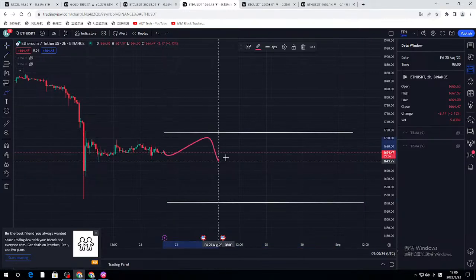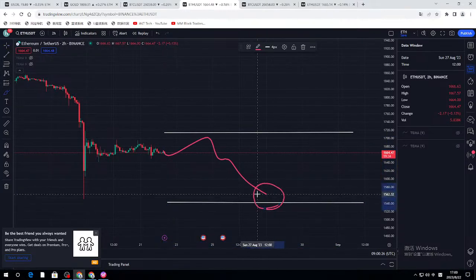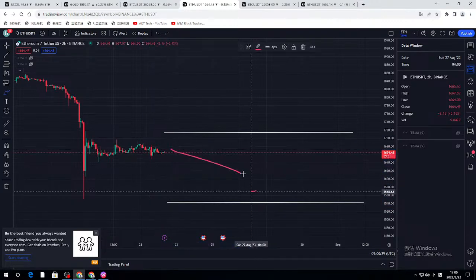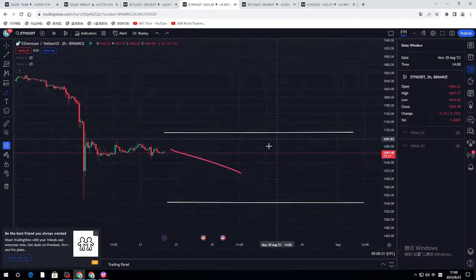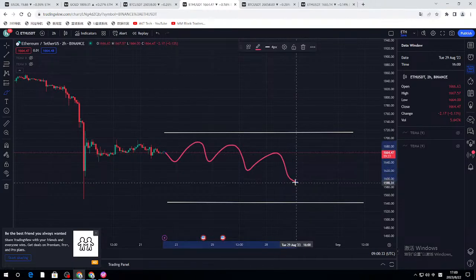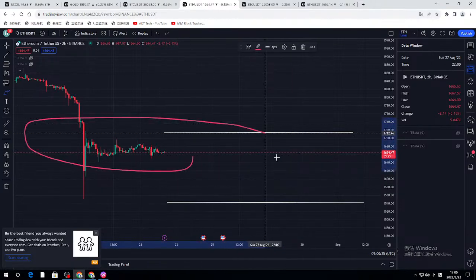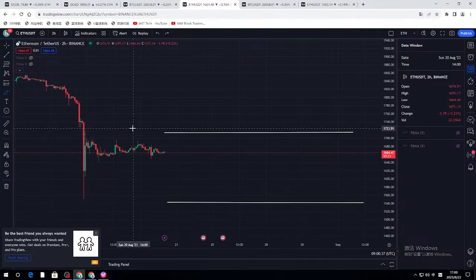Even if the market goes down to here, the bullish trend with divergence can invalidate the lower lows and make it go up again, because for now it is not invalidated, it is frozen here, so you don't have to worry about that too much.